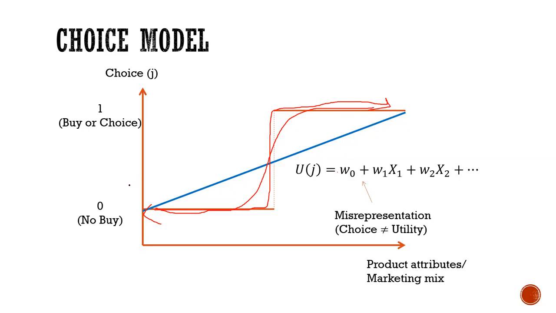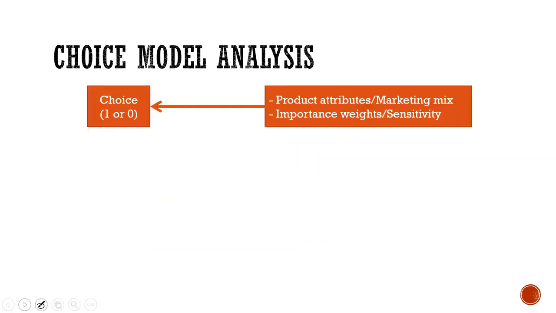So assuming that when people make choices, it's because their utilities increase in a linear fashion would be a misrepresentation. Given the nature of this graph of the buying pattern, we need a different type of model. So how do we model the choices of the consumers? On the left-hand side is the choice column, whether the consumer bought the product or did not buy the product.